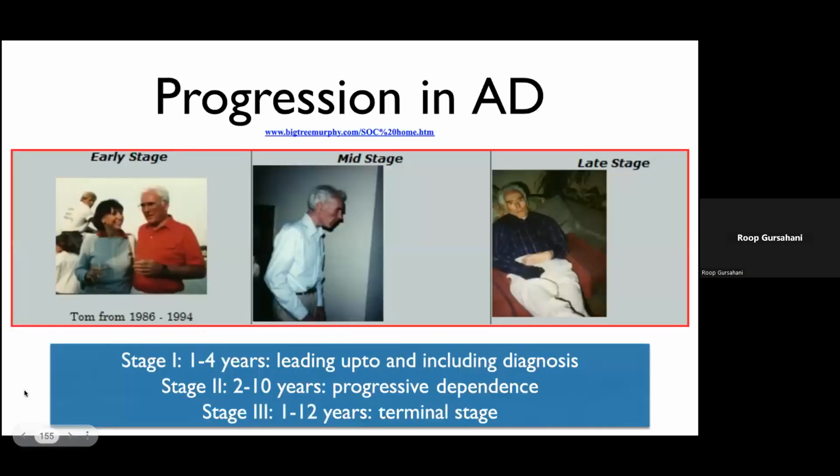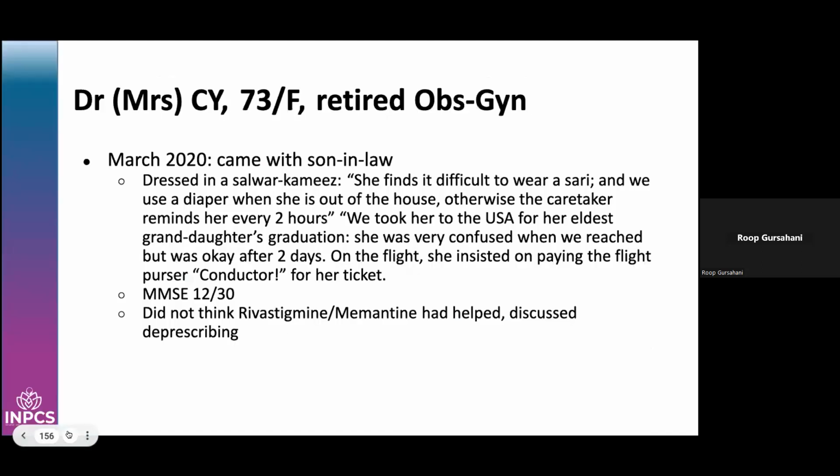And of course, dementia can progress very, very slowly. Stage 1, that is the stage where she was initially, lasts 1 to 4 years. Dependence worsening can be as long as 10 years. And stage 3, actually the terminal stage where they're completely dependent and even bedridden, can be as long as 12 years. And to my knowledge, this longest stage occurs when they get artificial feeding.